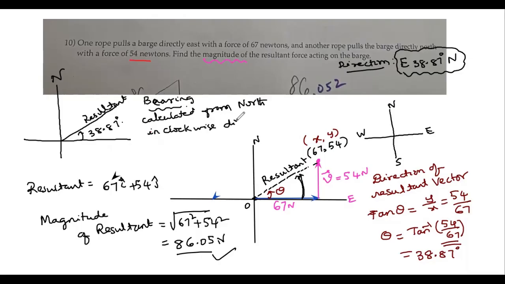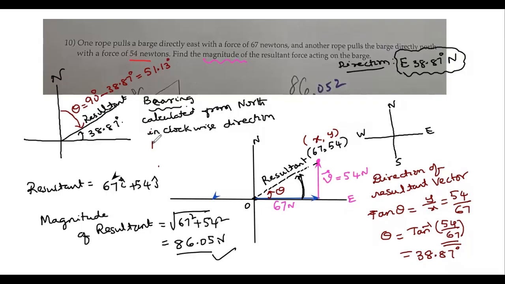So we calculate 90 degrees minus 38.87 degrees, which comes out to be 51.13 degrees.